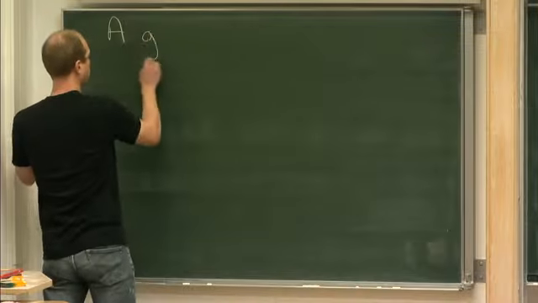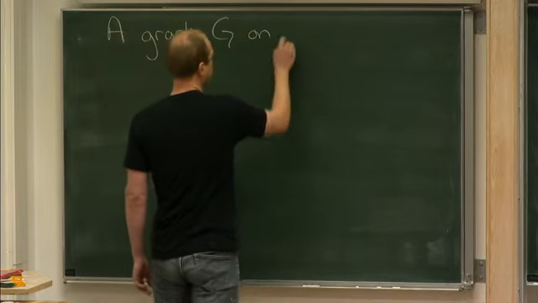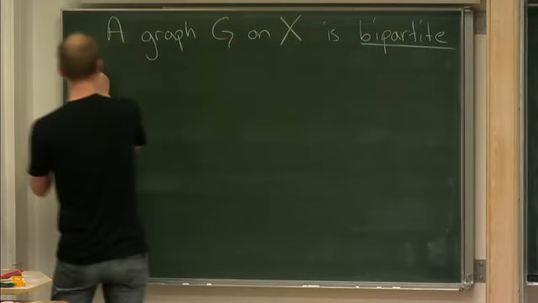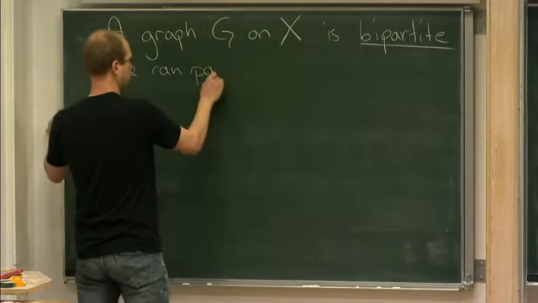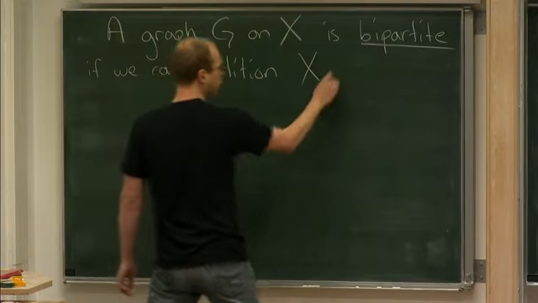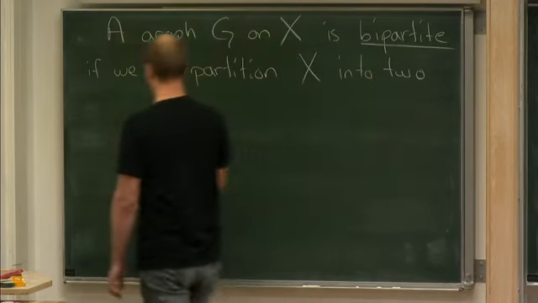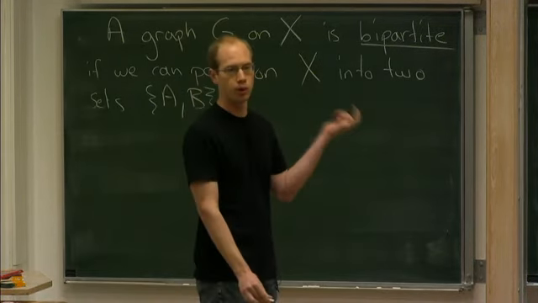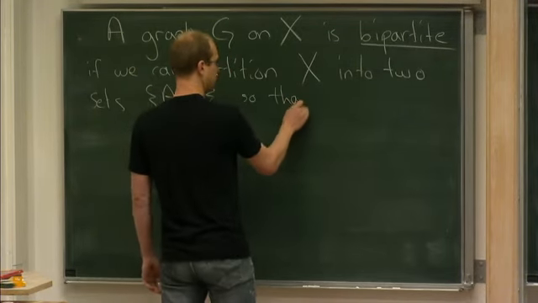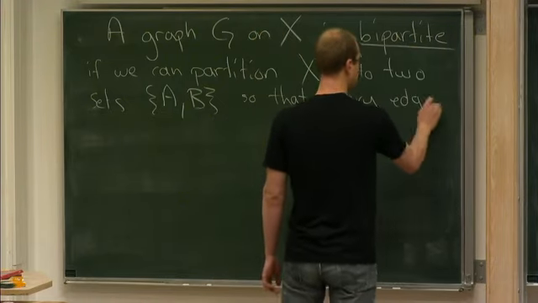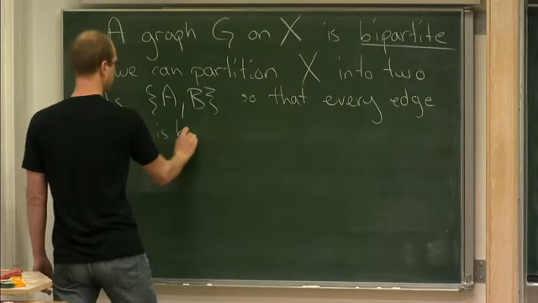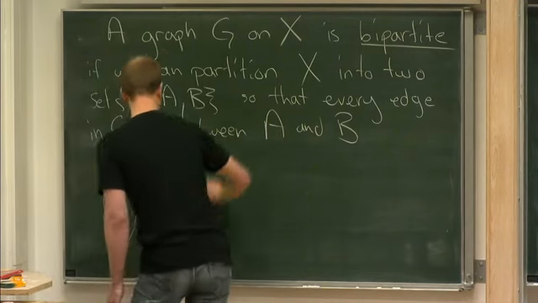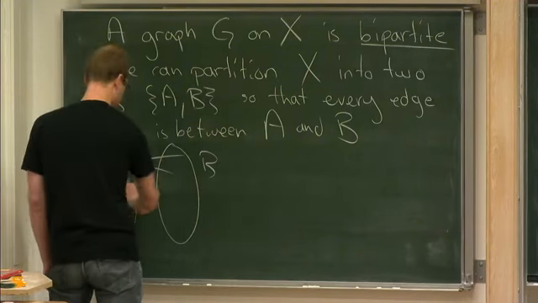So a graph G on some vertex set X is bipartite if we can partition the vertex set X into two pieces, I'll call them A and B, so that every edge in the graph is between a point of A and a point of B. And so pictorially, we have these two sets, A and B, and all the edges lie between them.